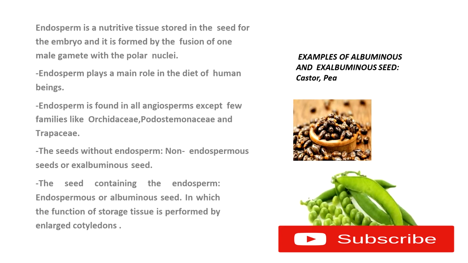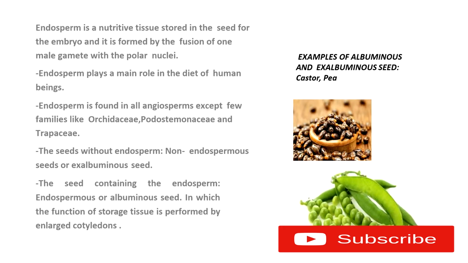We know that the function of the endosperm is nutrition. So how do these exalbuminous seeds survive? In that case, the storage tissue is formed by the enlarged cotyledons, and the function of the endosperm is carried out by the enlarged cotyledons.